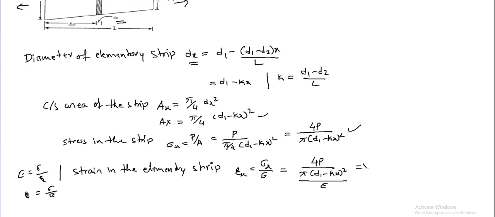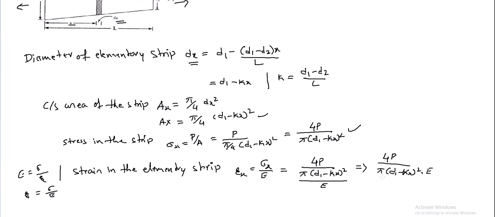If I rewrite this equation, it is 4P divided by pi D1 minus kx whole square times E, right?